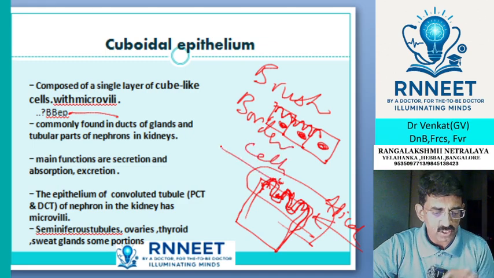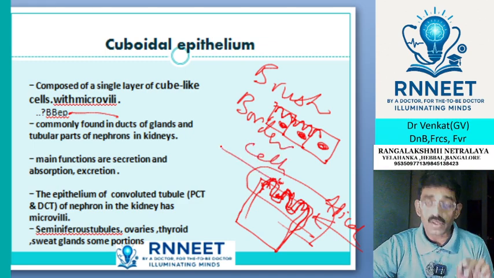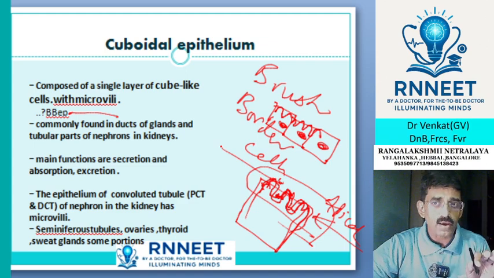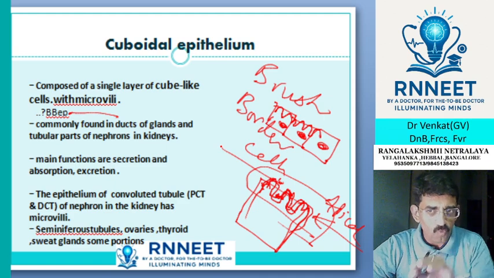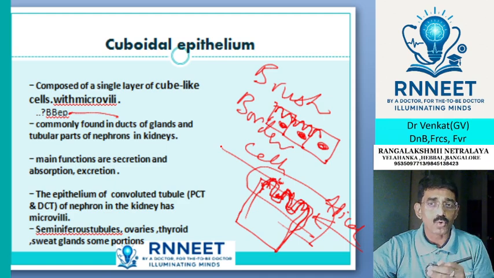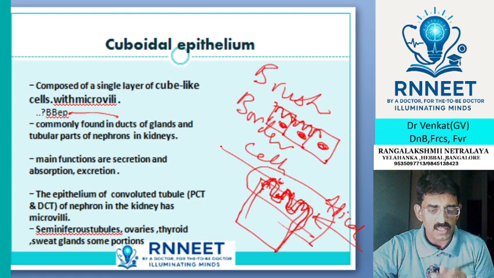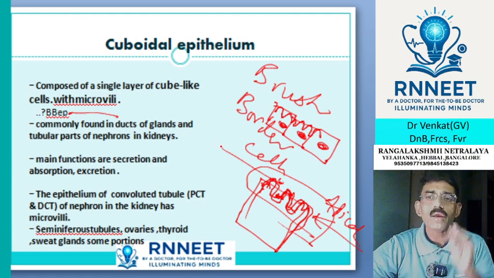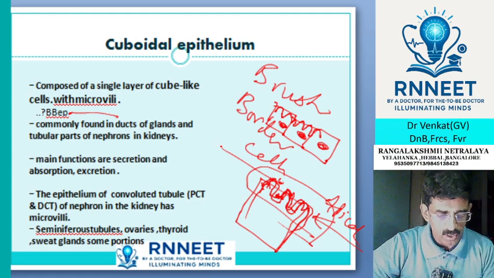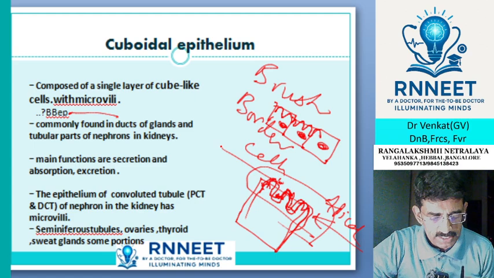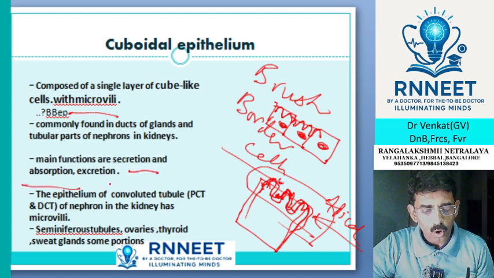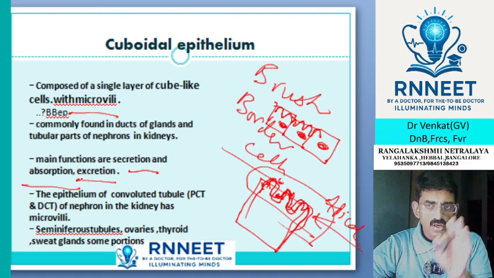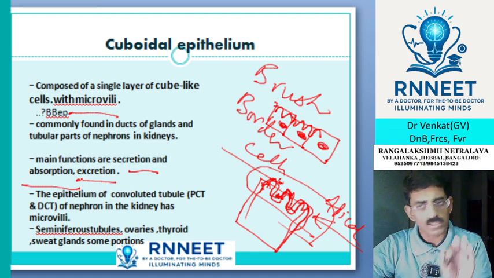Brush border cells. And so therefore, what is their main function here? Simple. Again, they are a single layer. They cannot be only for diffusion because the surface is folded. So something extra should happen from these cells. What should happen? They should be meant for secretion. Their major function is secretion, absorption or excretion.